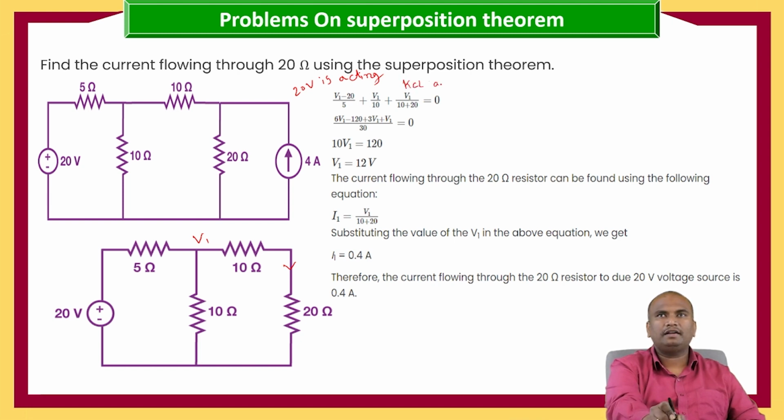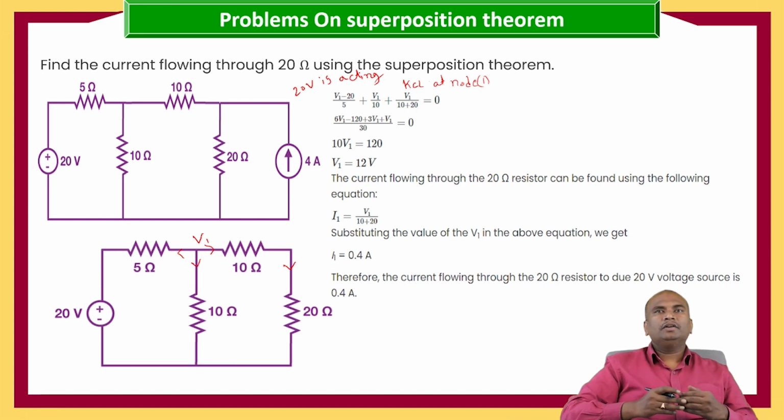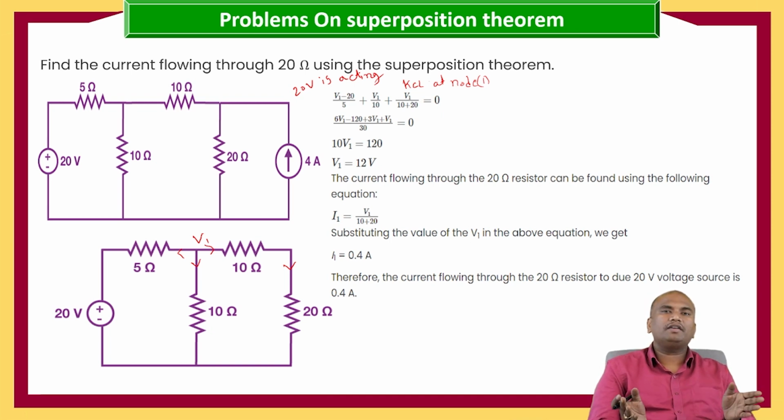Whenever we are applying the KCL at node 1, all the currents are leaving from the junction. That is our assumption. This is the assumption we are considering.